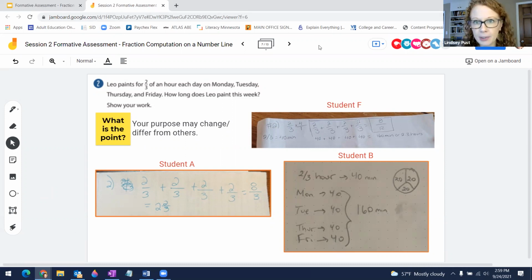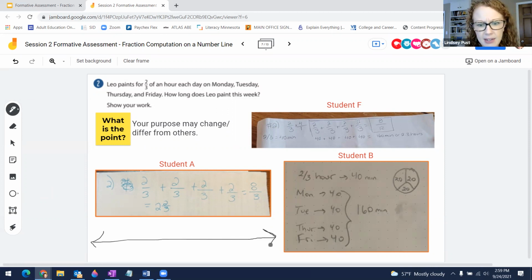There was a group from the last session that we made a number line where we had, what was it? These wholes, which were the hours.